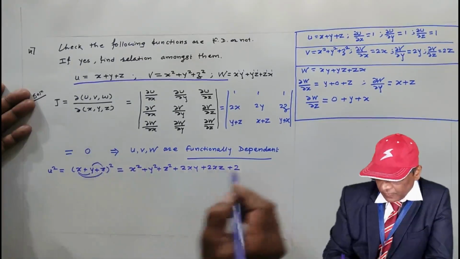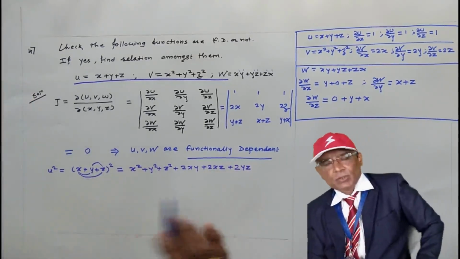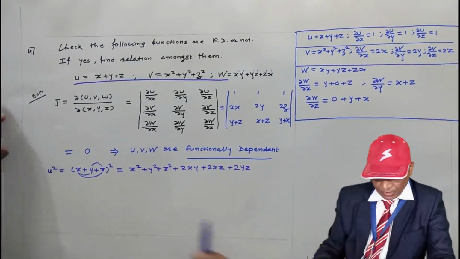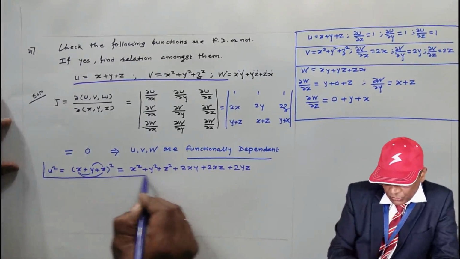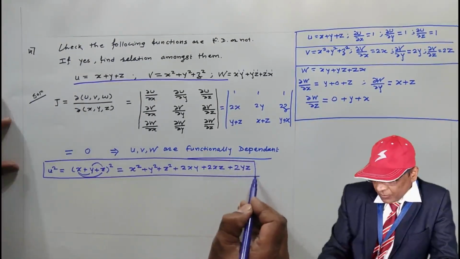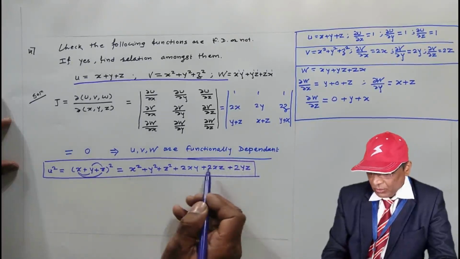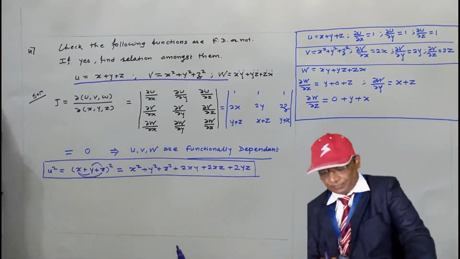The term of y is also exhausted. In this way you can remember the expansion of a plus b plus c whole square. Here we have the square term of u, and the degree of each and every term in u square is 2. Degree of a constant is considered as 0.